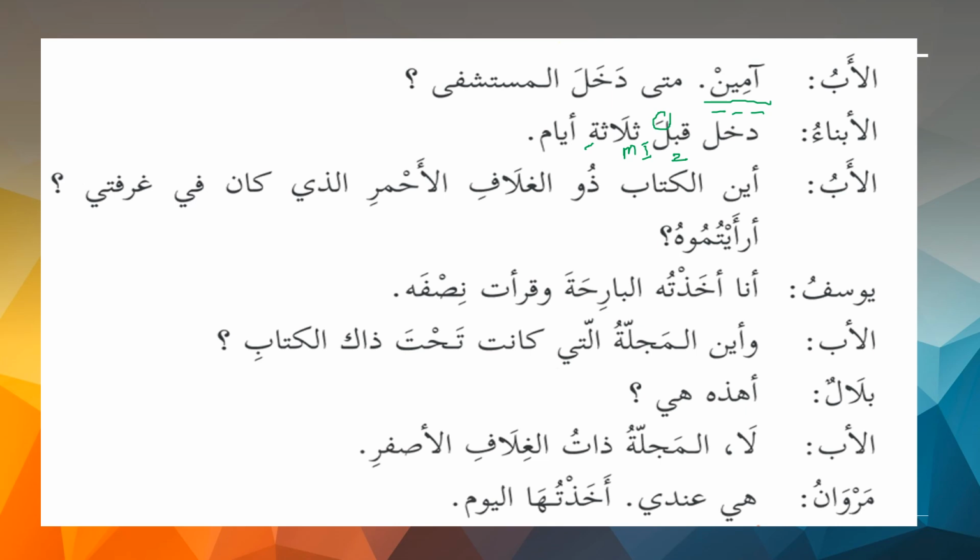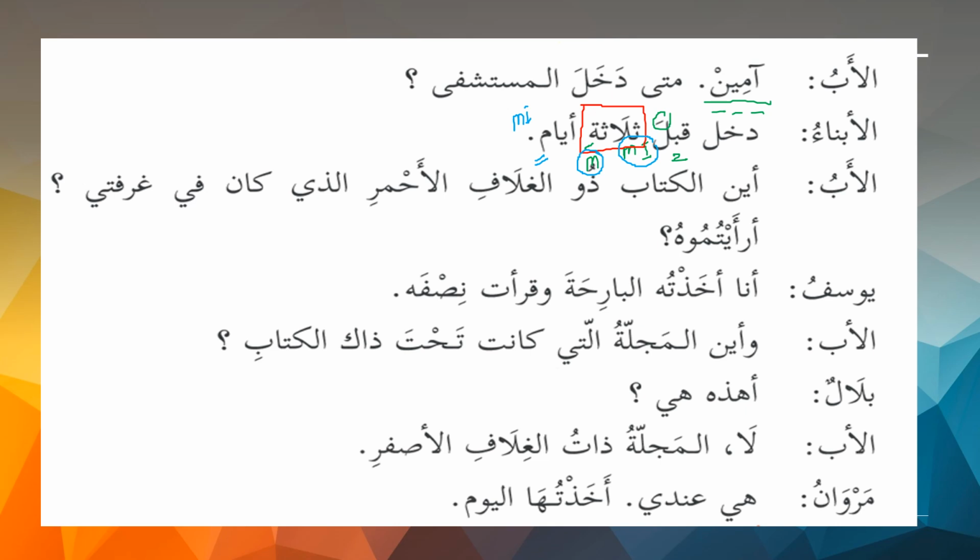So whenever 3 nouns are involved in an idafa, the middle noun always plays two roles. The first role it's playing here is of a mudaf ilayhi for qabla. The second role it's playing is as mudaf for whom? For ayyam. So ayyamin will have a kasratain, because it is only playing the role of mudaf ilayhi.